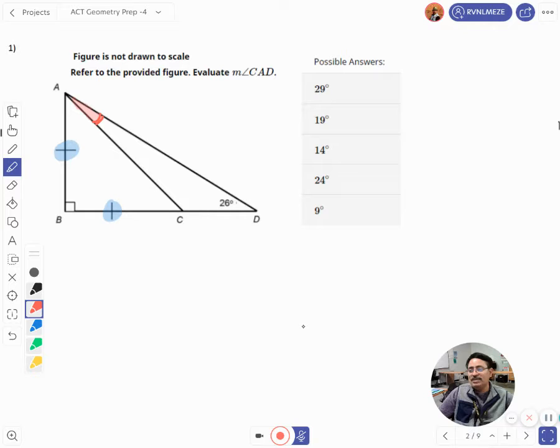So this little square indicates that this is 90 degrees. Please remember, in an isosceles triangle, not only two sides, two angles are also equal. I repeat, in an isosceles triangle, two sides are equal and two angles are also equal.